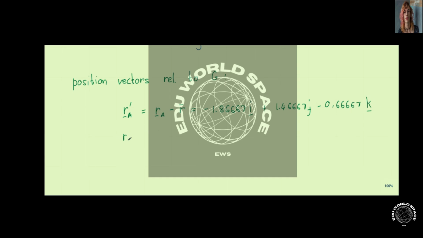So now we do the same thing to find Rb prime. That again is Rb minus R bar.